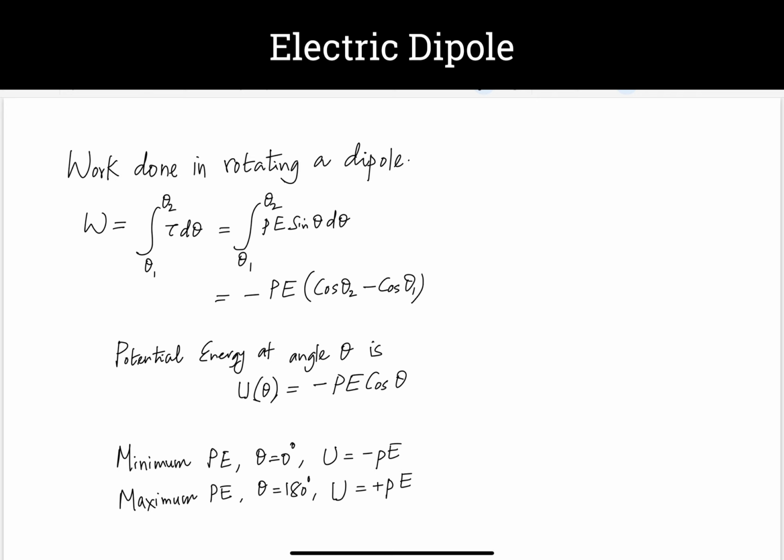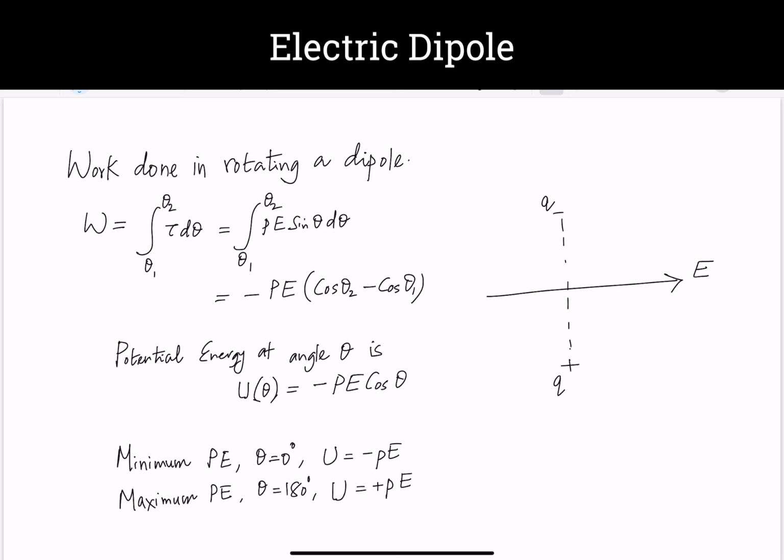Now, of course, this means that if the angle theta is 90 degrees, you have a situation, let me try to draw it quickly, where the electric field is that way, and the dipole is situated this way. So that's the negative charge, this is the positive charge, which means the dipole is making 90 degrees with the electric field.